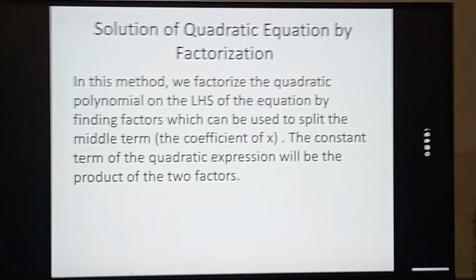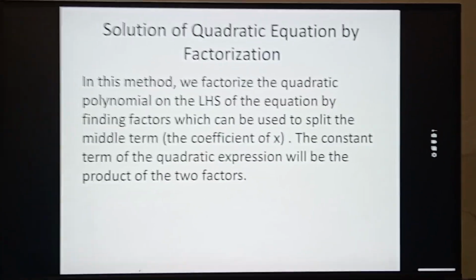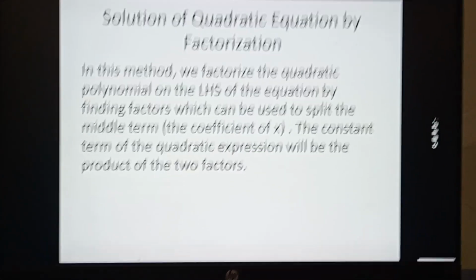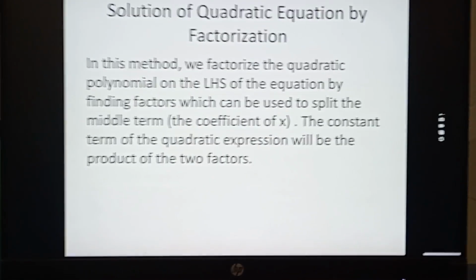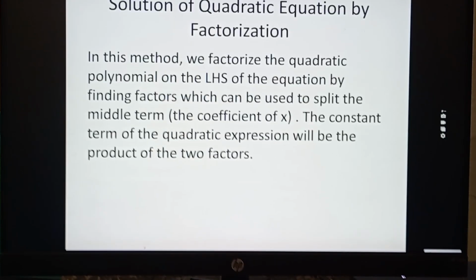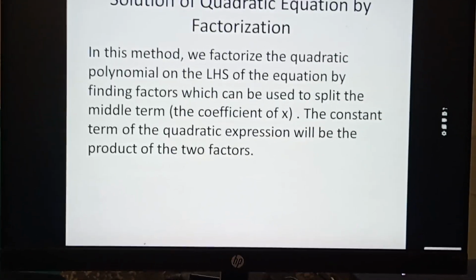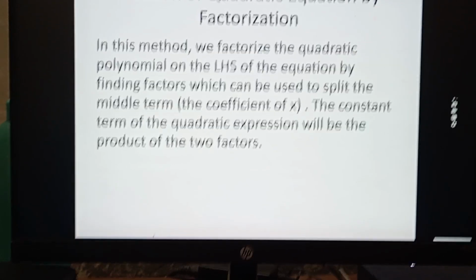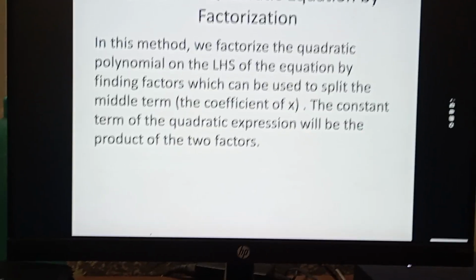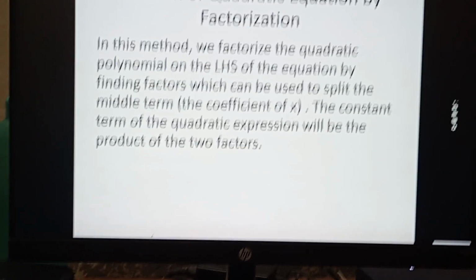Now, the solution of quadratic equation by factorization method. In this method, we factorize the quadratic polynomial on the left-hand side, LHS of the equation, by finding factors which can be used to split the middle term, the coefficient of x.